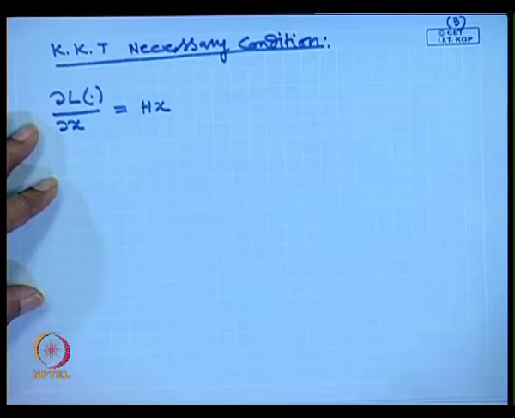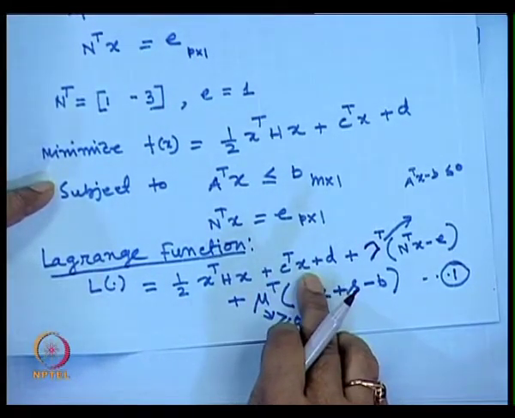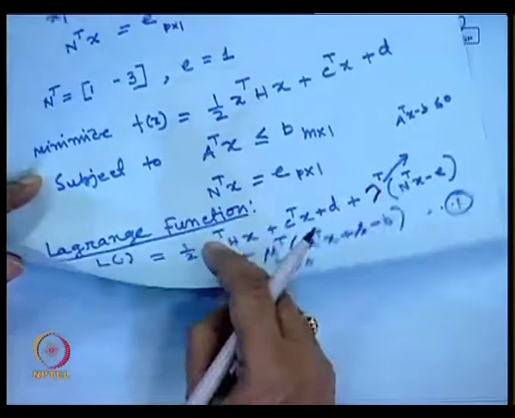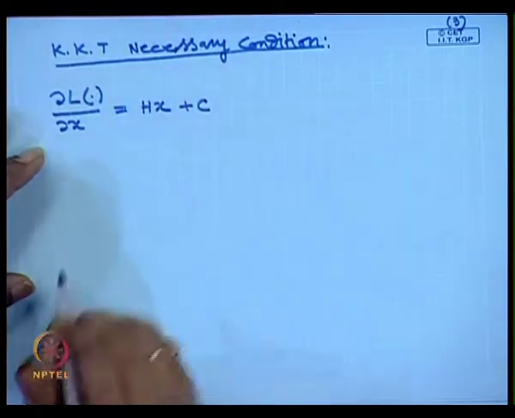The next term, C transpose x, if you differentiate, will be C only. We have discussed that earlier, if you recollect.